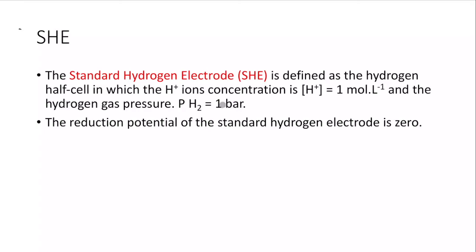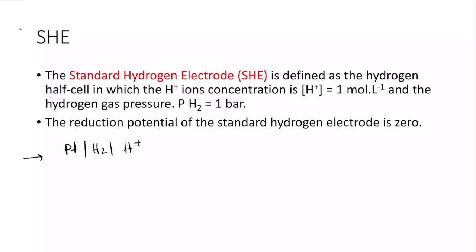Now the cell notation of the standard hydrogen electrode, we start with Pt, okay, H2, H plus. This is the cell notation of the standard hydrogen electrode.